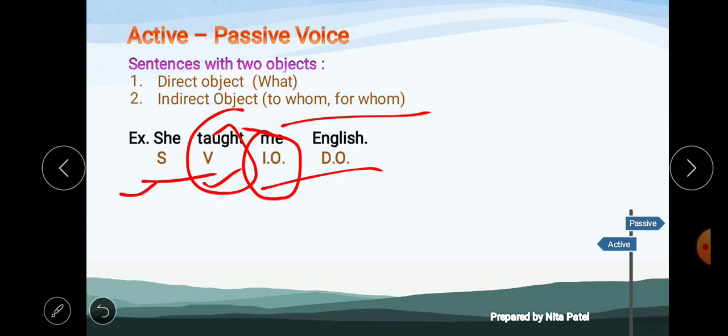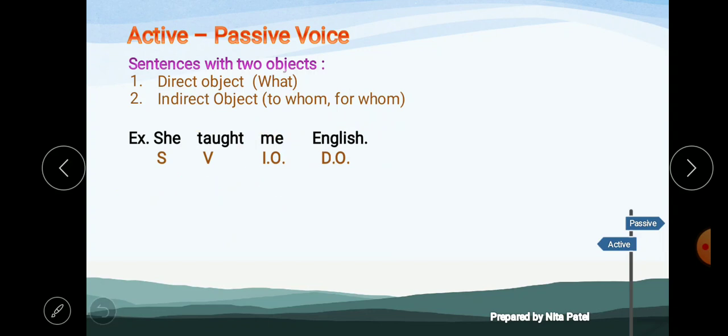So here English is receiving this action directly, and me is receiving this action but indirectly, right? So that is the reason it is direct object or indirect object.